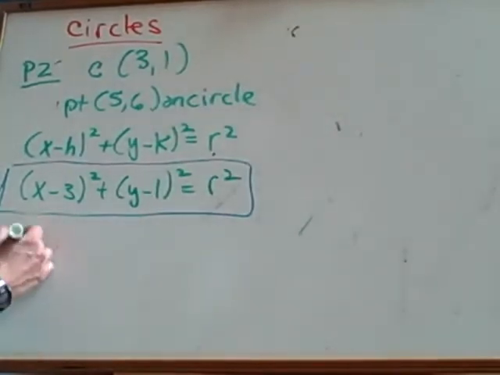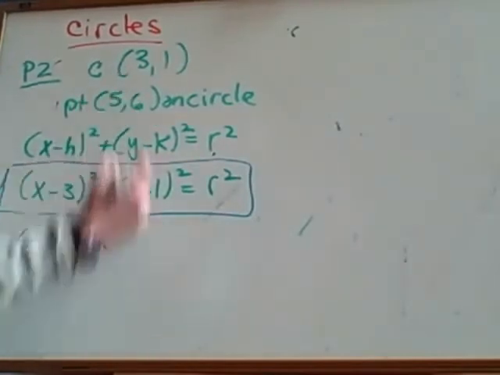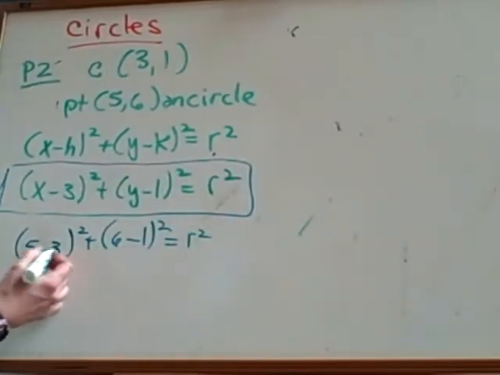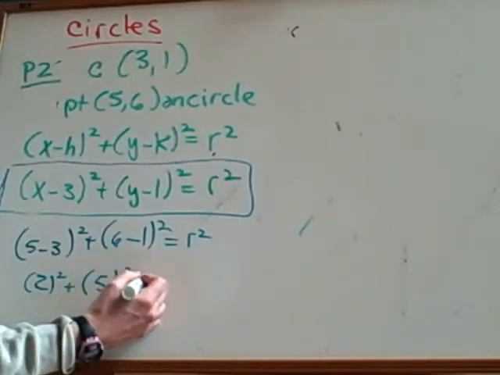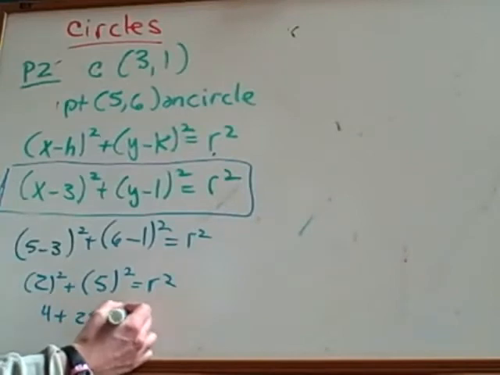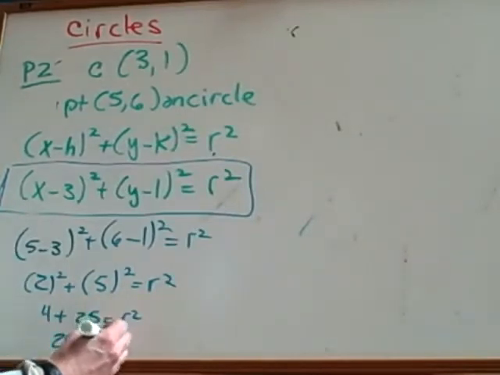So let's do that. So we're going to plug in 5 for x, plus we'll do 6 for y, and we'll solve for r squared. So this becomes 2 squared plus 5 squared equals r squared, which gives me 4 plus 25, which ends up giving me 29 equals r squared again.